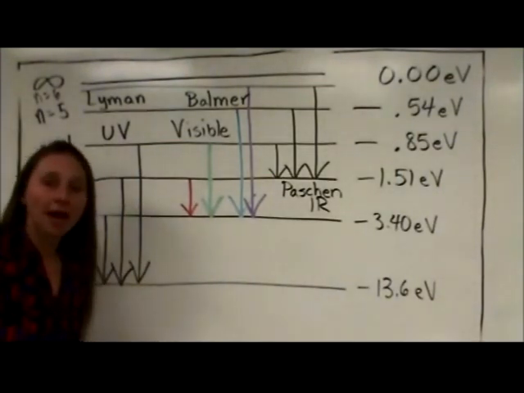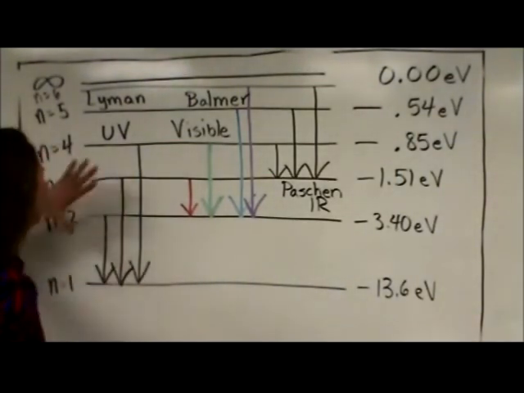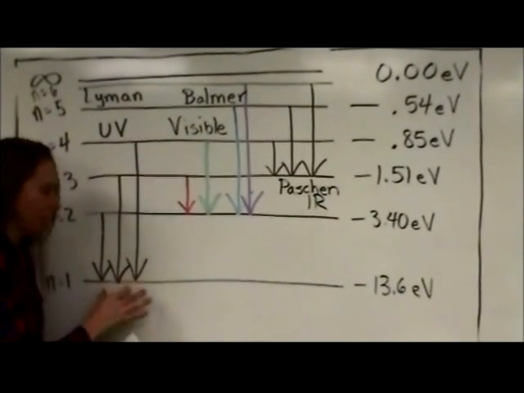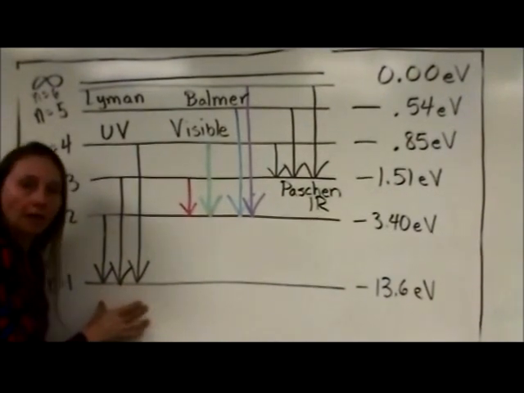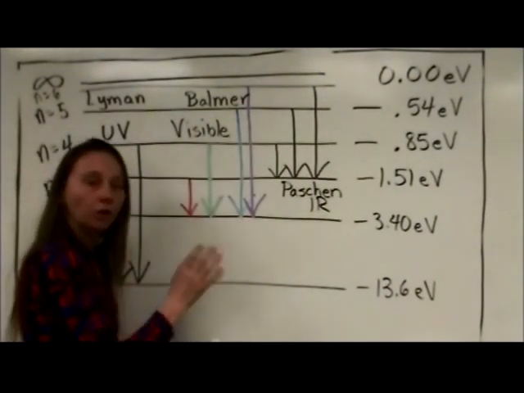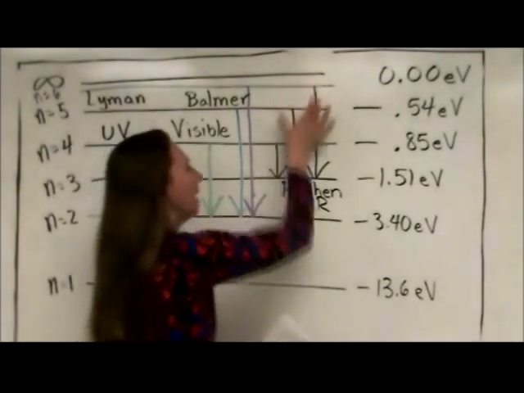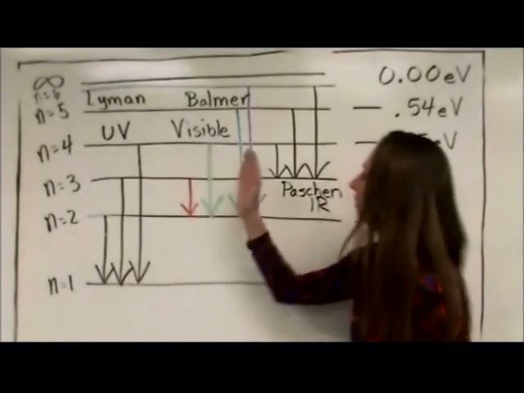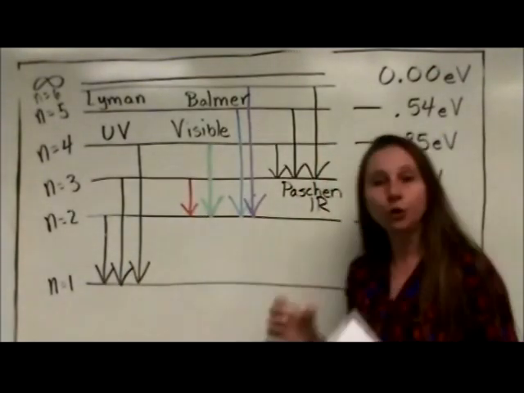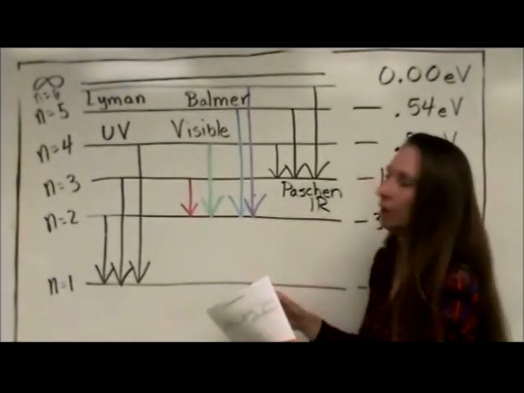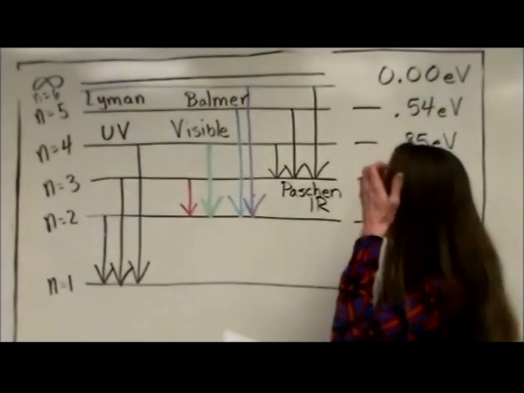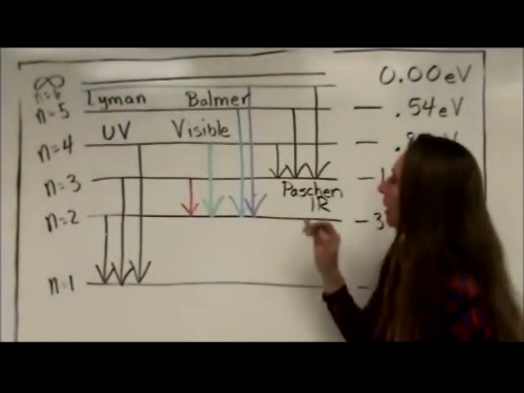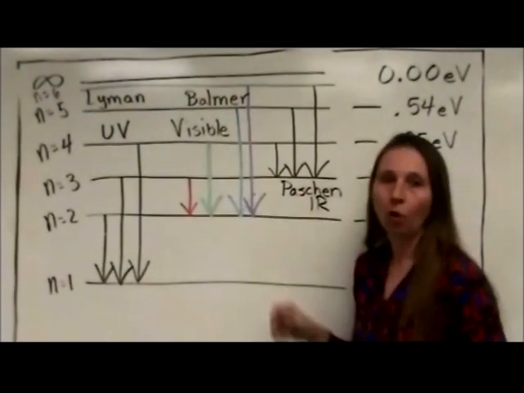What I'd like to do now is prove to you that indeed these emissions will give off an ultraviolet photon, these emissions will give off a visible photon, and these emissions will give off infrared. What I'd like to do is select one from each series and do the math to show the type of light, ultraviolet, visible, or infrared, that will be given off when the electron falls back.